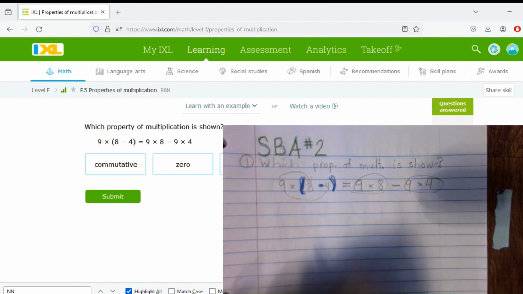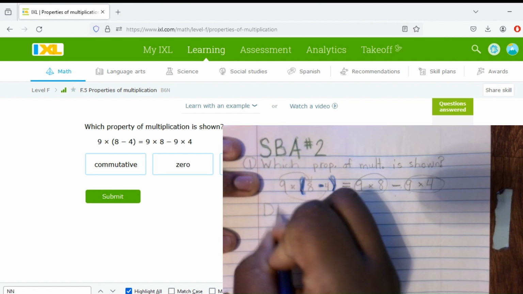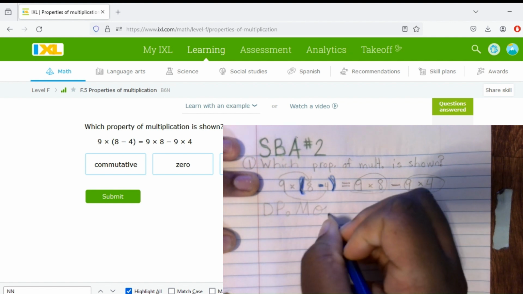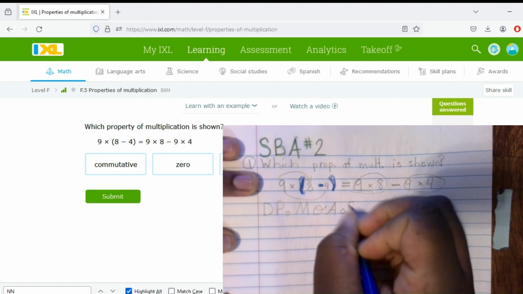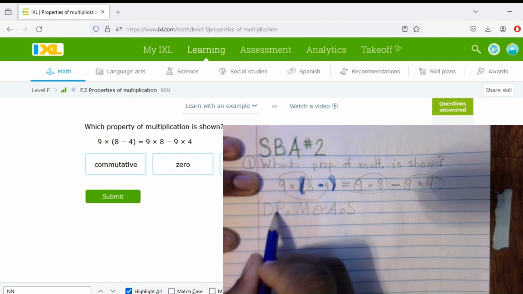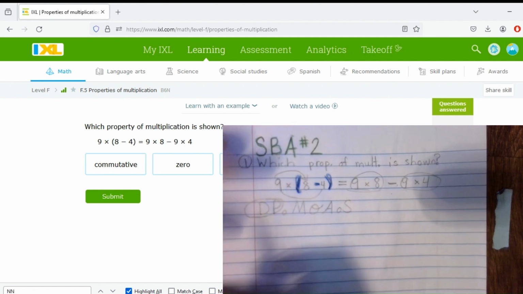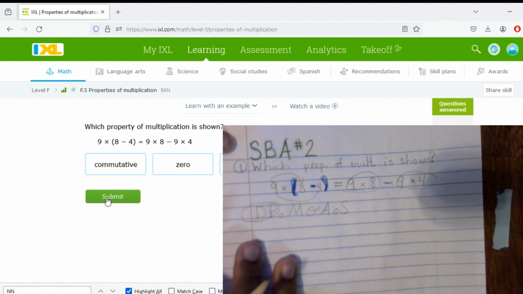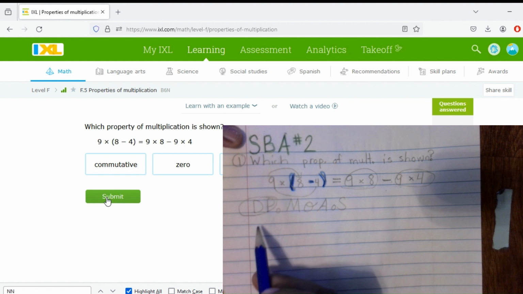That's the second part here. This is the distributive property of multiplication over addition or subtraction, also just known as the distributive property. I don't have to guess, I don't have to panic. By writing it down, I'm able to think about what I'm seeing.